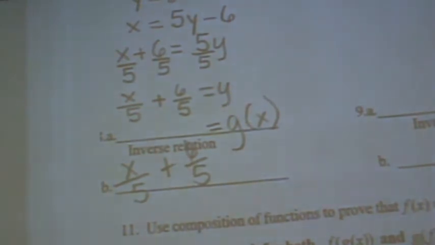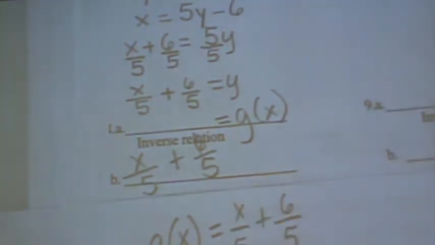So this is what they'll write, g of x. Remember how we did the restrictions? You don't even have to do that. No, you don't have to know the restrictions.